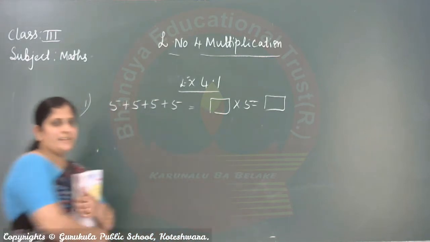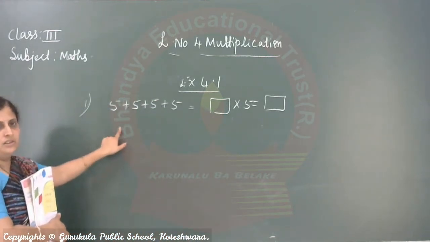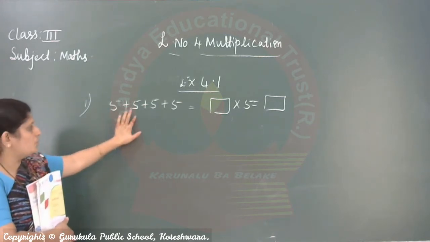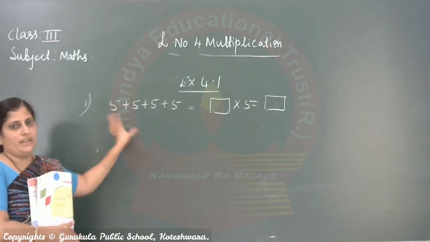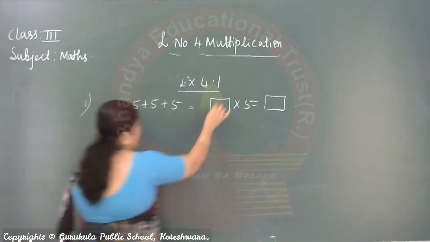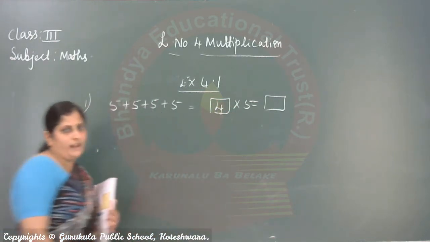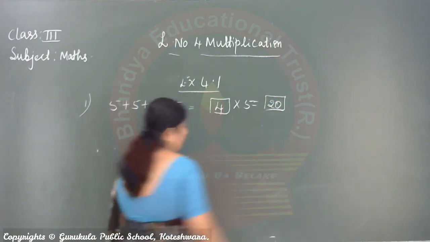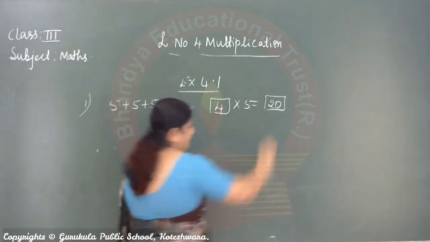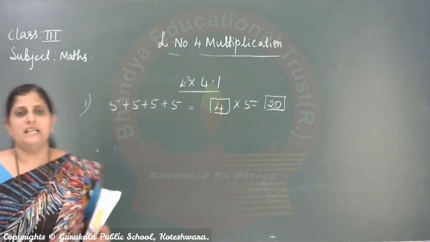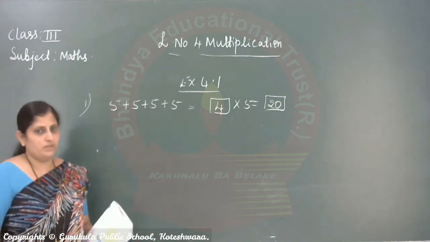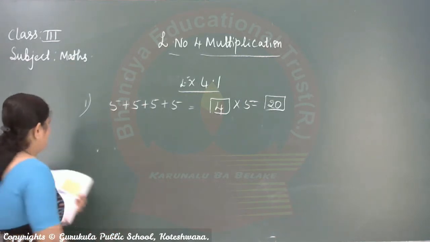How many times is 5 added here? 1, 2, 3, 4. Correct? 4 times 5 is added here. 4 fives are 20. If you know tables properly, easily you can write it. So I am telling you every day you have to write tables. Okay? Now next.